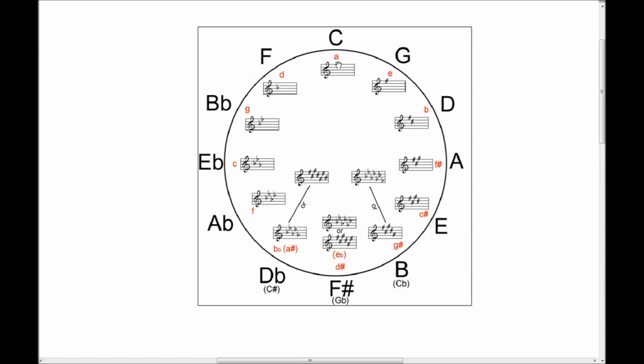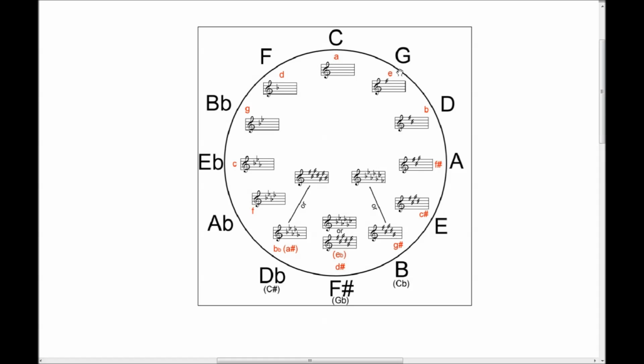Now inside the circle we have its relative minor. So I've discussed this in previous lessons also. I think in lesson 3 I covered the relative minor. So the relative minor for C is A. So A is a natural minor to the C major scale.